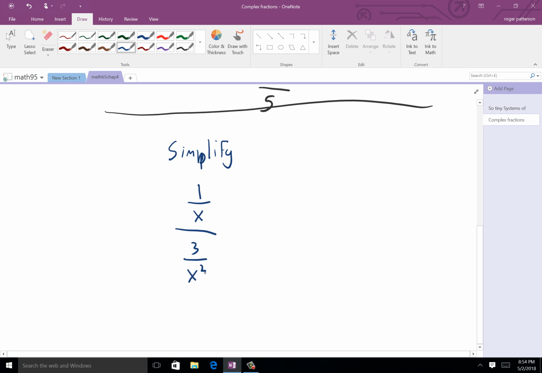Now we'll introduce some variables, but the idea is still the same. We're going to multiply and flip this. I'm just going to flip it right away, instead of writing that division down. Now I can reduce.